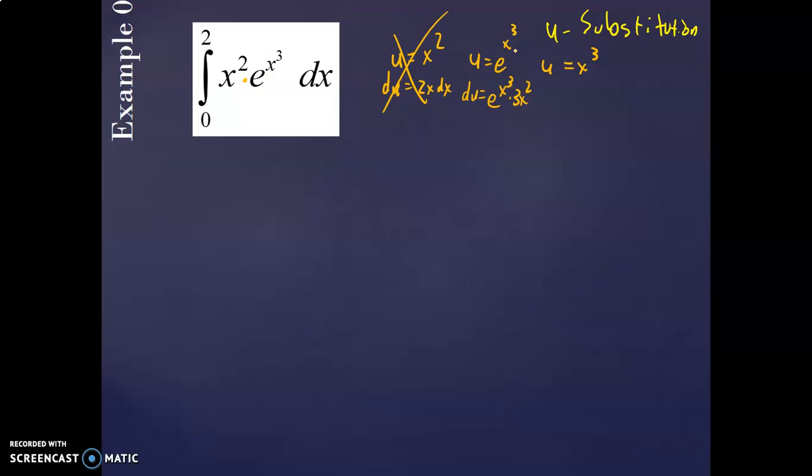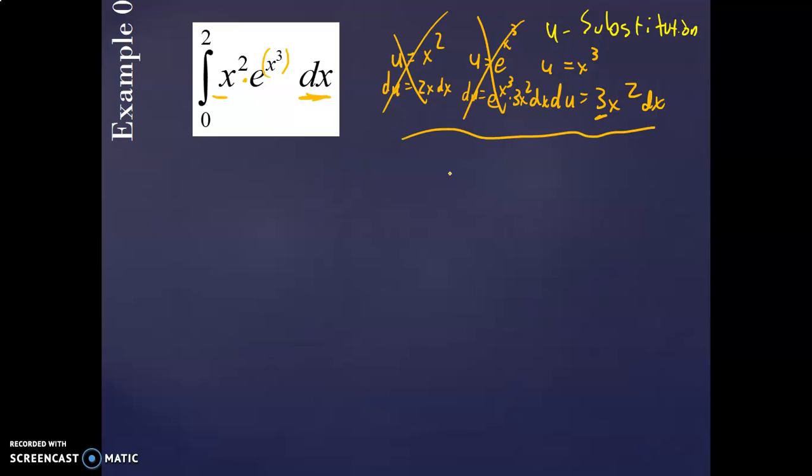So I have one e to the x cubed, but I would need another one to be there for du, so that's not going to work. But if I just use the inside function here, then my derivative is 3x squared. I have the 3x squared dx, I need a dx here, and I have the dx. So I have everything I need except for the 3. So I'm going to make this e to the u. This is going to be my u function here.